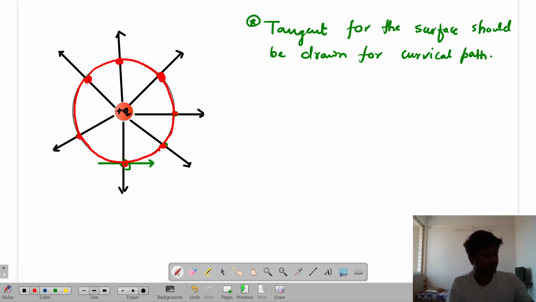Are you able to get me or not? Is that clear? So always remember that when we have these kinds of systems, all these points will be equipotential in nature. Are you able to get me?